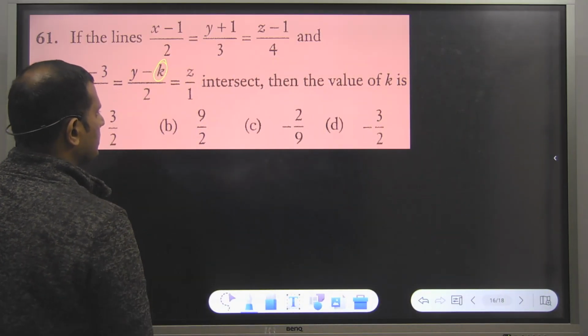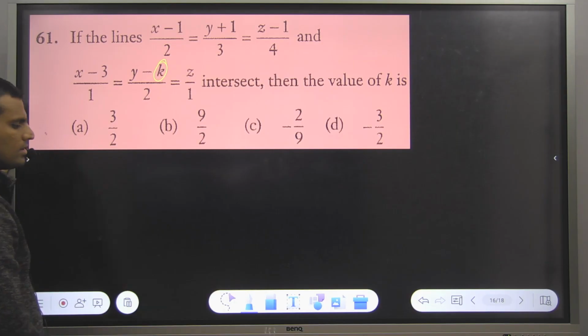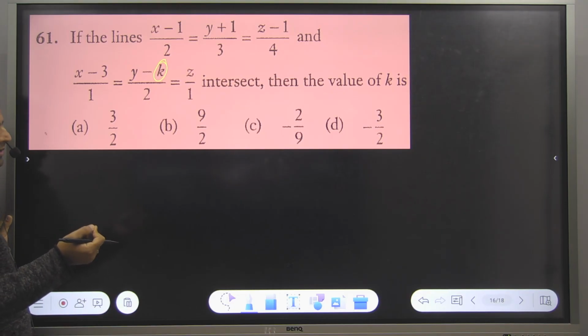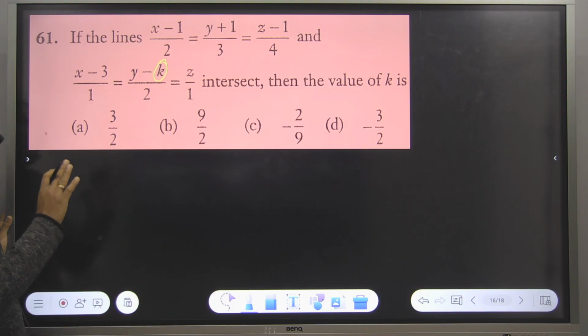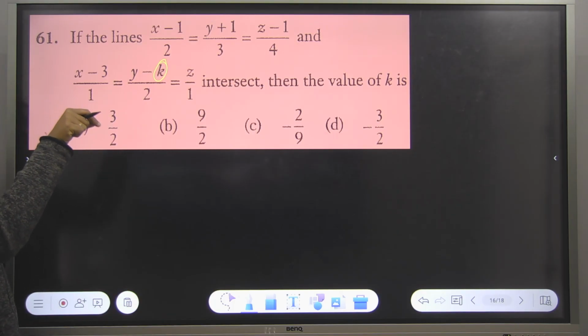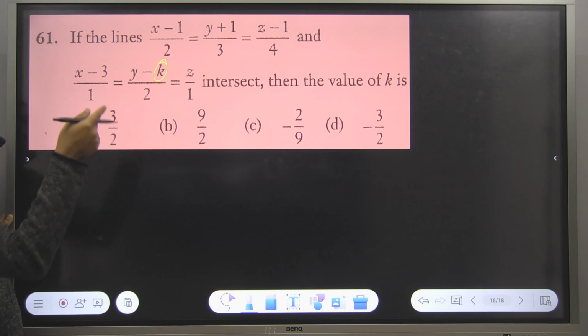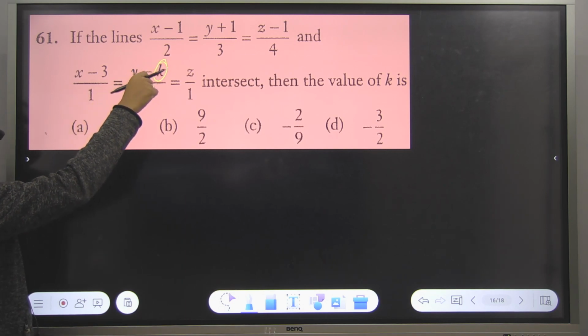What is the logic, students, here? How to solve this? Whenever equation equal to mu... no, that is to find the point of intersection. Here they are telling they are intersecting, but you find out the k value.